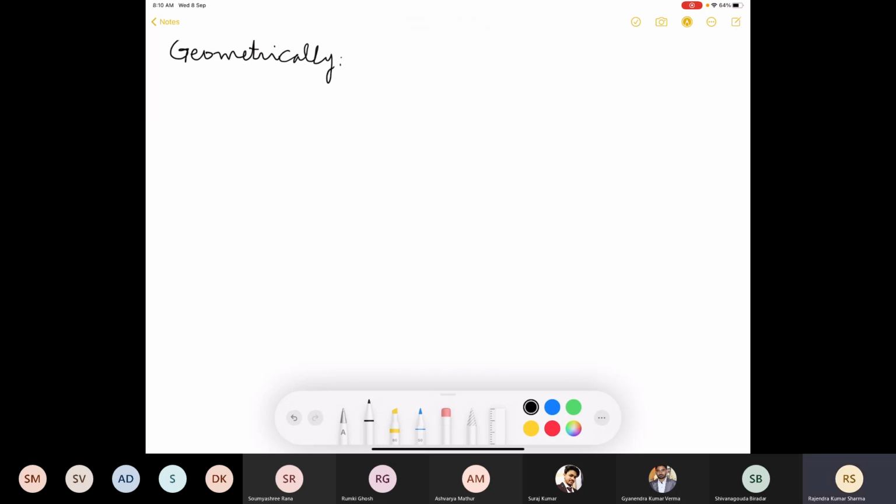Let us see what is happening geometrically. So what is W? So first of all, what is V? R2 over R, so this is your whole V. You can say this is the x-axis, you can also say this is the y-axis.